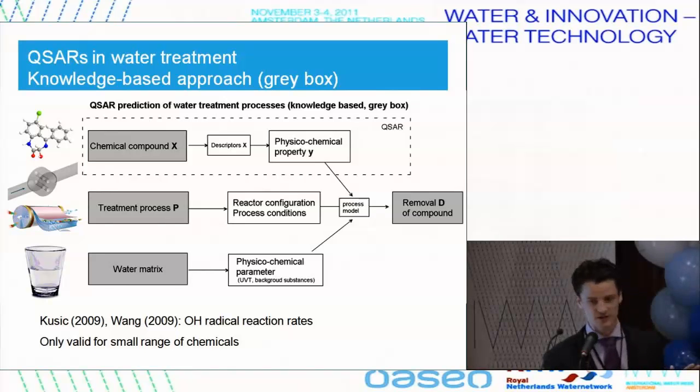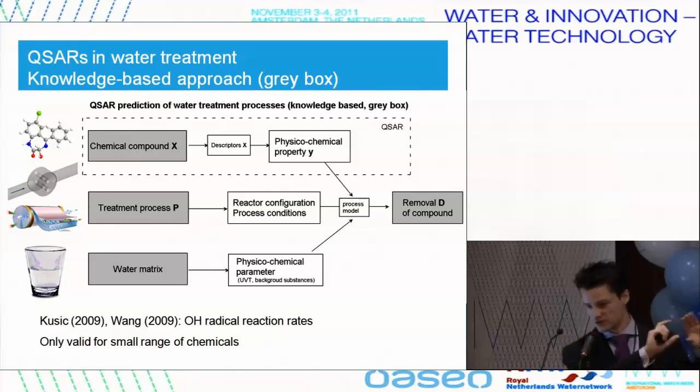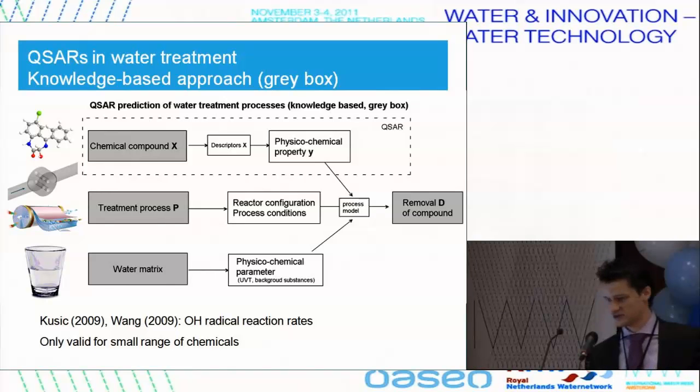And the other effects of the process, for example, the water matrix, the background substances in the water, you put that in the process model, and also different reactor configurations, and so on. So in this way you develop your QSAR for a smaller part of the complete picture, but it's more focused on a property which is relevant for that type of treatment process.